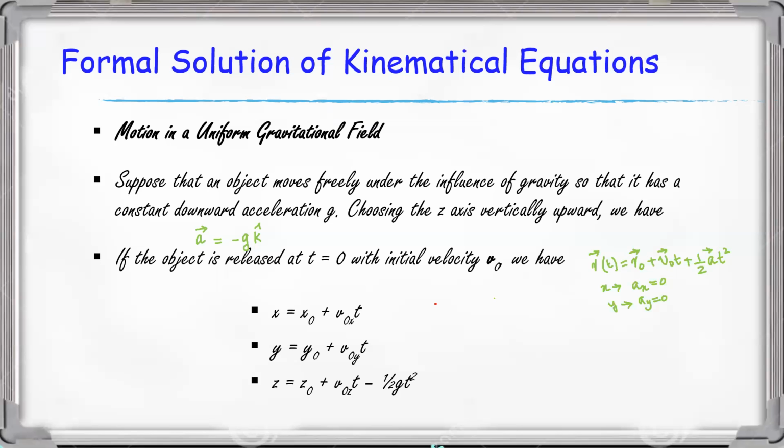Here we get three equations in three dimensions. One is for x, one is for y, and one is for z. The expression for the z direction is different because the acceleration is along the z axis.